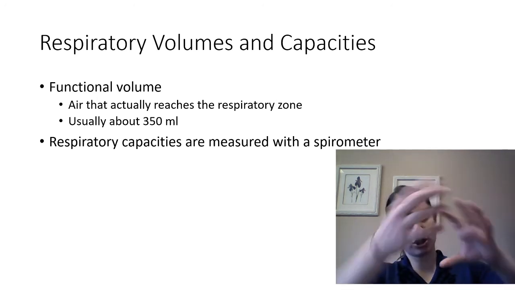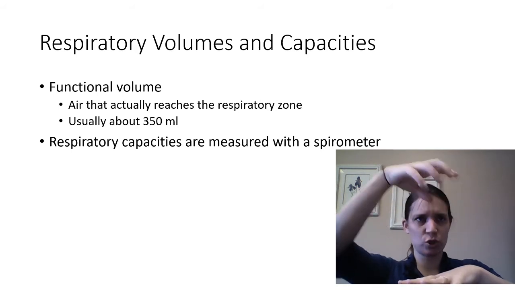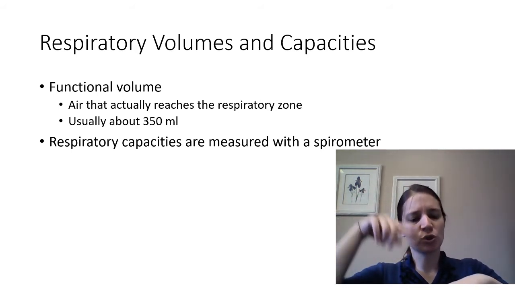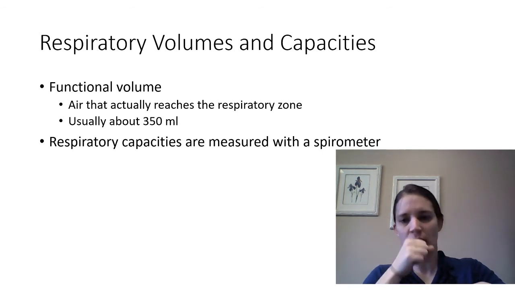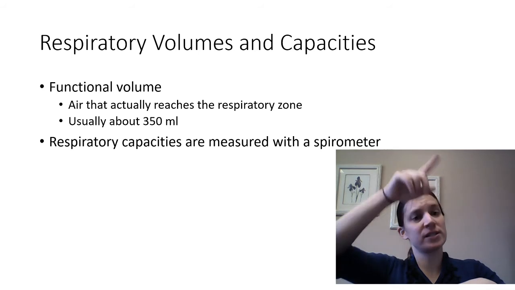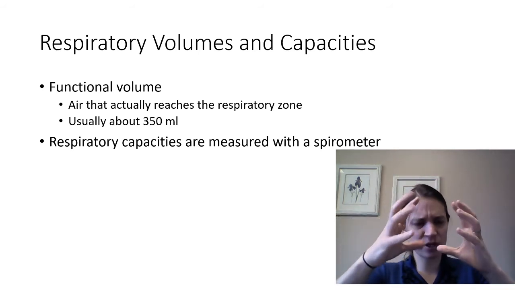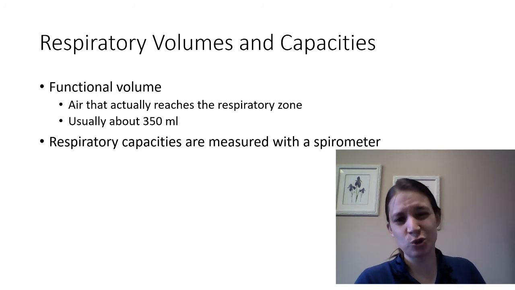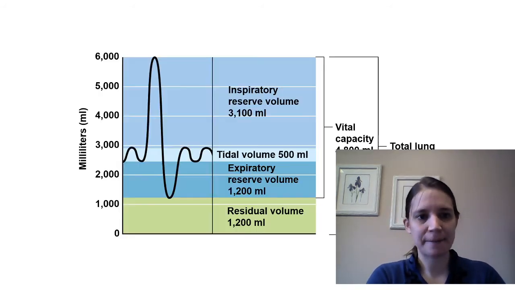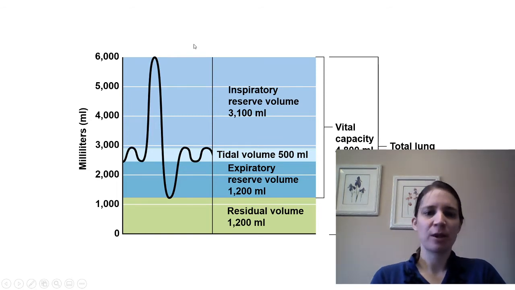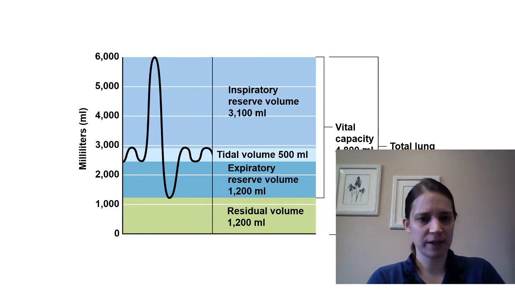Filled up with water, turn it upside down, and have it underwater so that the milk jug is full of water. Put your tube into the jug, into your mouth, and breathe out. You see how much air you could put into the container, and water will come out, and then you can measure that volume. Spirometers do basically that. They're a little bit more high tech. So different amounts of lung capacity, you're going in and out, things are all good.